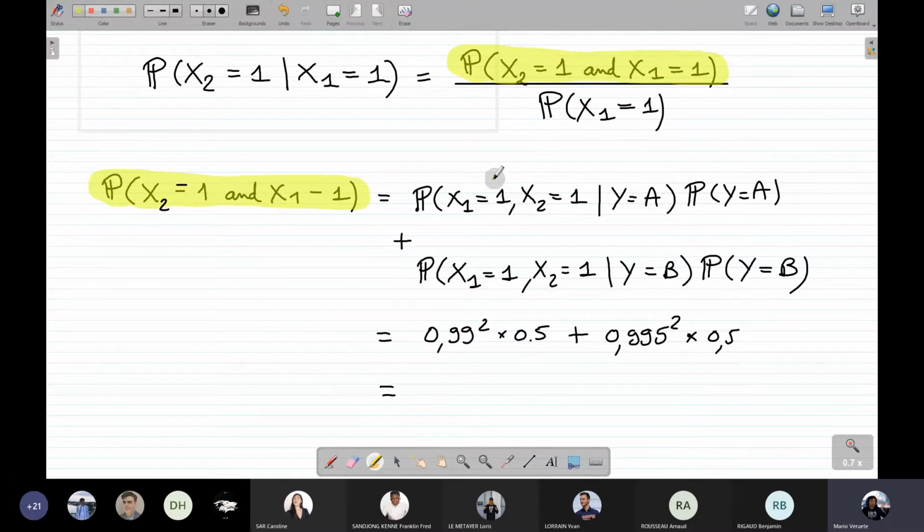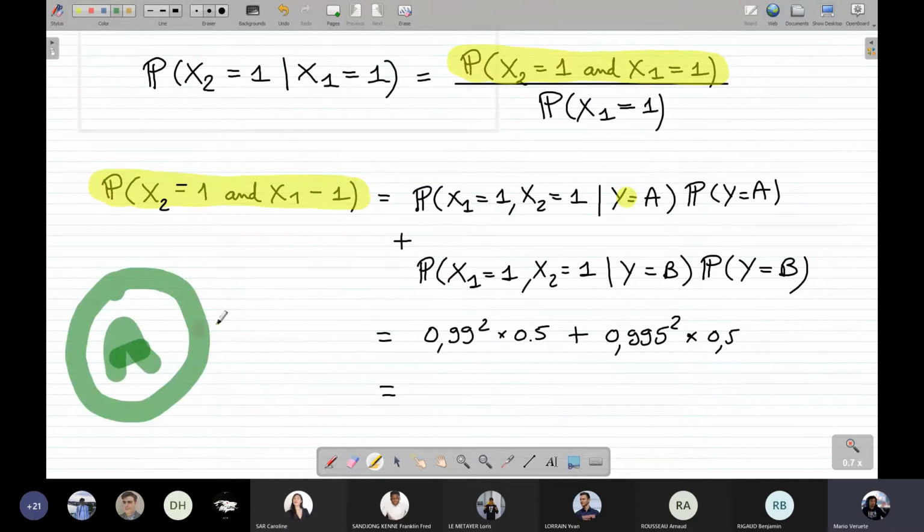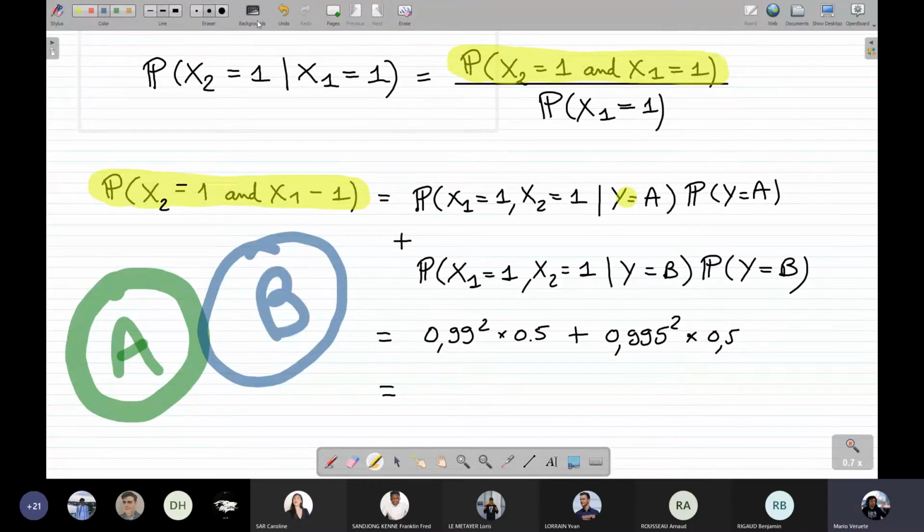Look, if you consider that you have two populations, population A here and B. Now, you want to know the probability of two consecutive samples from A. That's why it's here, given A. So it's 0.99. And since you have two of them, you have this square.